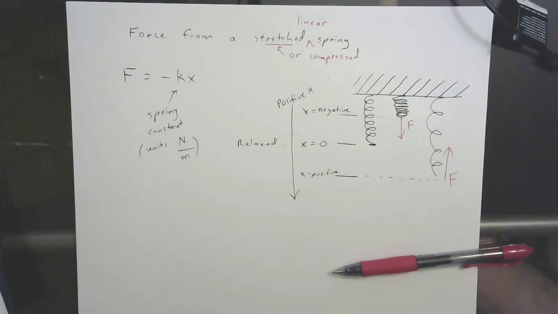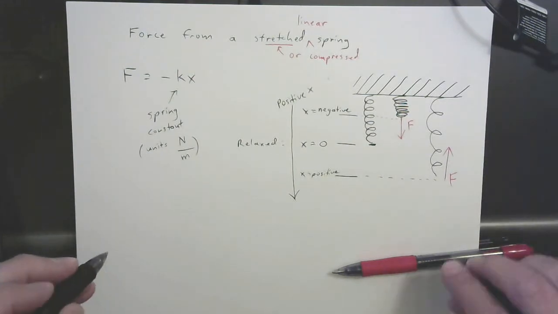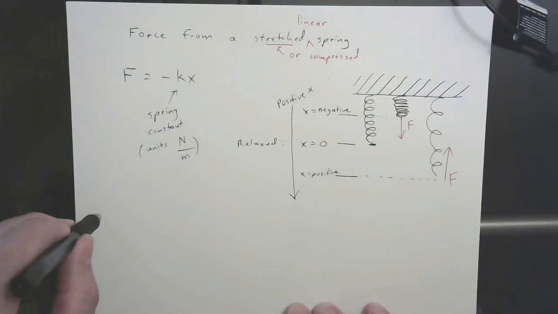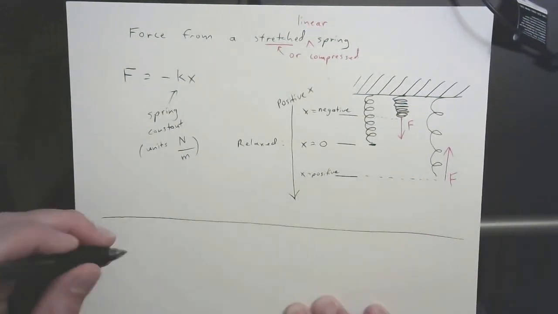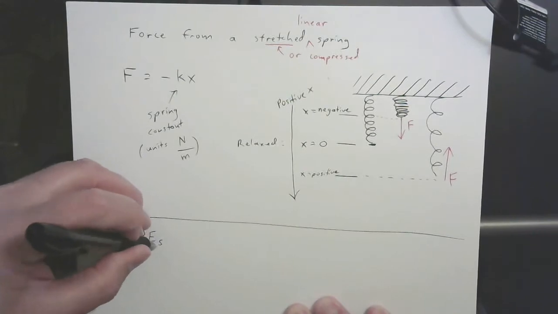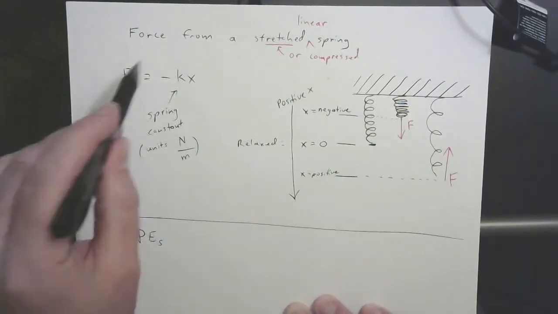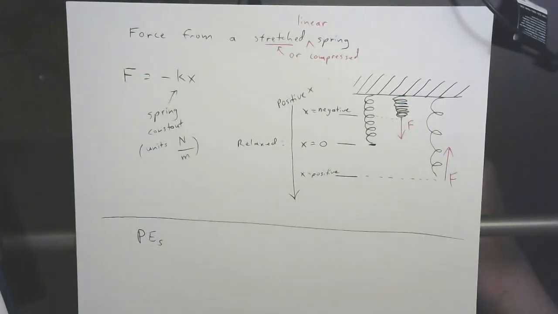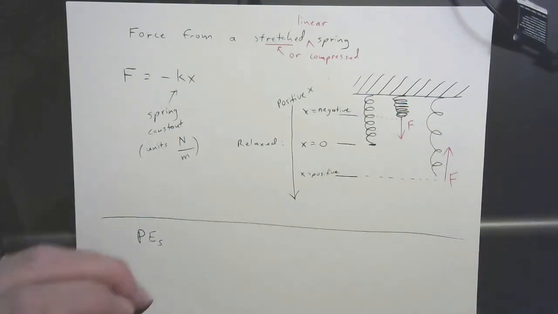Okay, we actually had this before, chapters and chapters ago in the dawn of history. We also had one more thing about springs, and that was a formula for the potential energy of a spring. We took this force law, and we said, well, it's going to be basically force times distance is work.